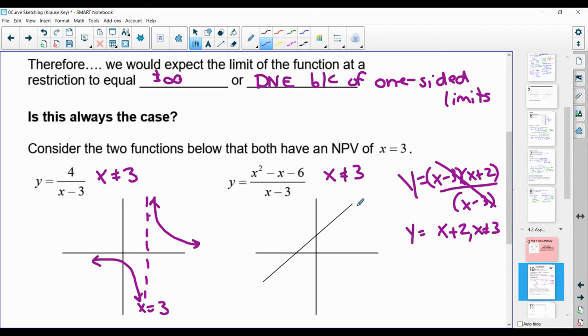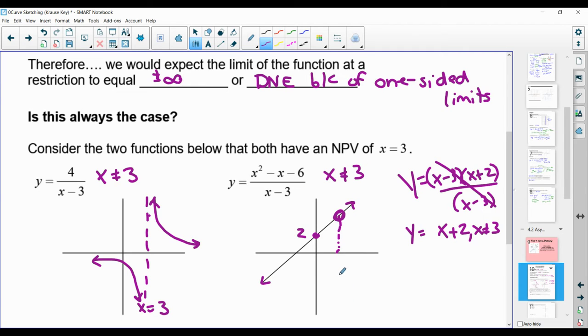But instead of having a complete straight line there, we'd have our arrows on the ends of the function. We would still go through a y-intercept here of 2 because the function is y equals x plus 2. But we're actually going to have a point of discontinuity. So right here, there's actually going to be a hole in the graph. And it's going to happen when x equals 3.